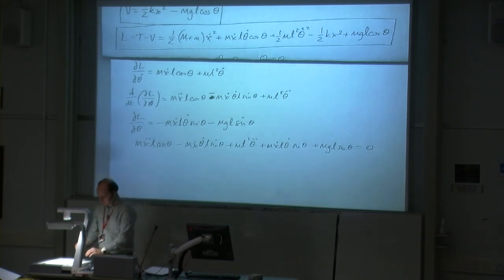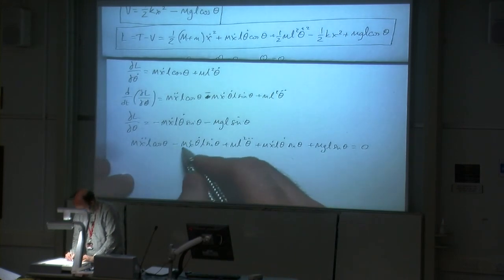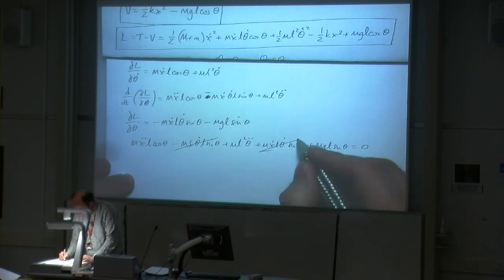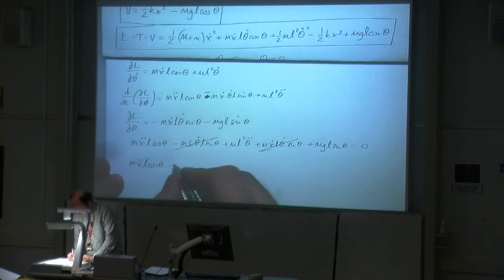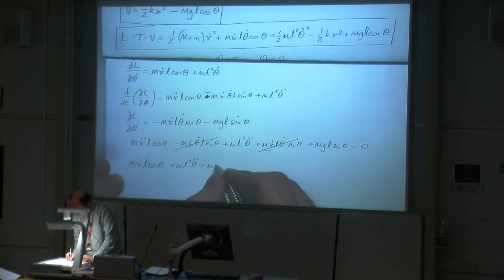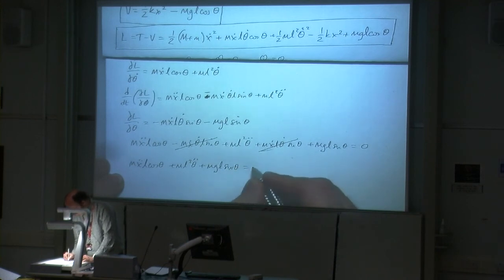There's two terms in here, one's a plus, one's a minus, they're the same. They disappear. And so we end up with m x double dot l cosine of theta plus m l squared theta double dot plus m g l sine of theta equals 0.